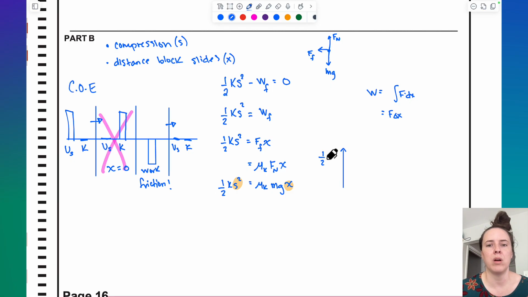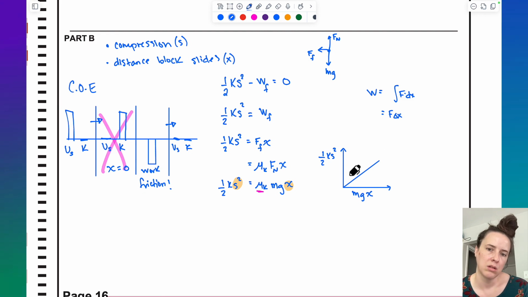So I could plot 1/2 ks squared on the y-axis. We're looking for mu at the end of the day, right? I could plot mgx on the x-axis, in which case that mu is going to be my slope directly.